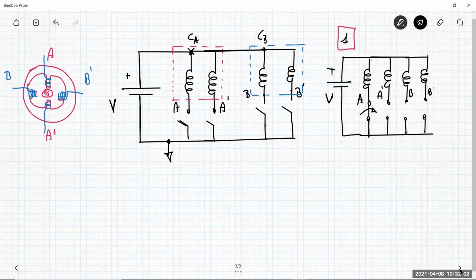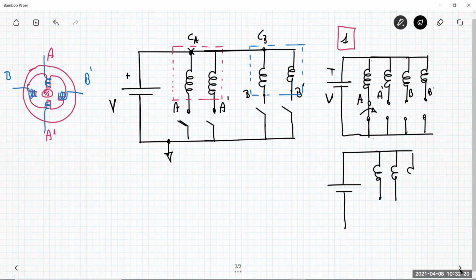Then I have to energize phase B, and so the next step is to have the same circuit. No current flows to the phase A. Now the current flows to the phase B. A and A prime are left open, B is connected to ground, B prime is open.